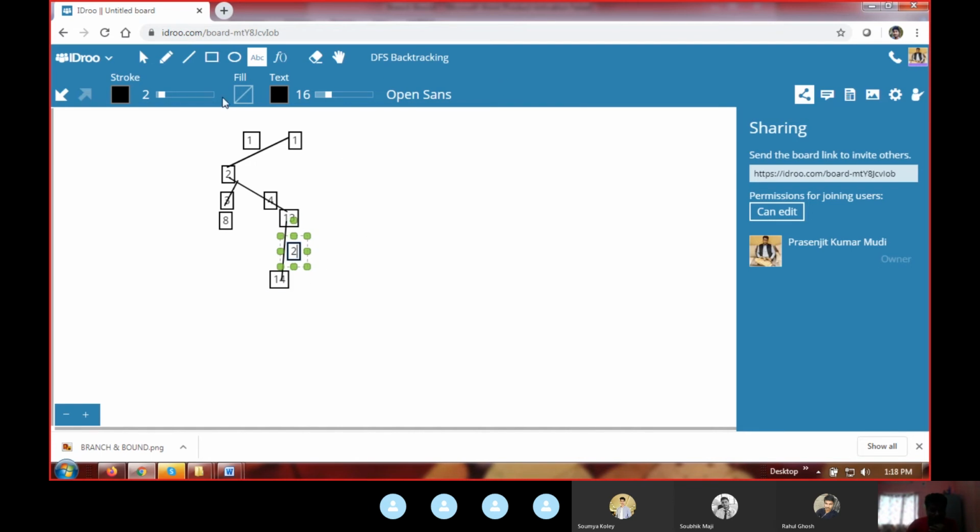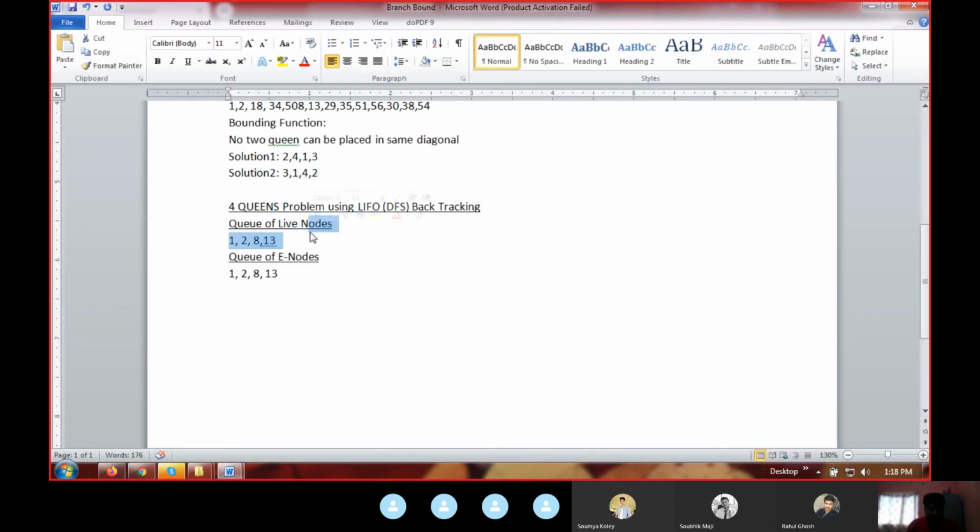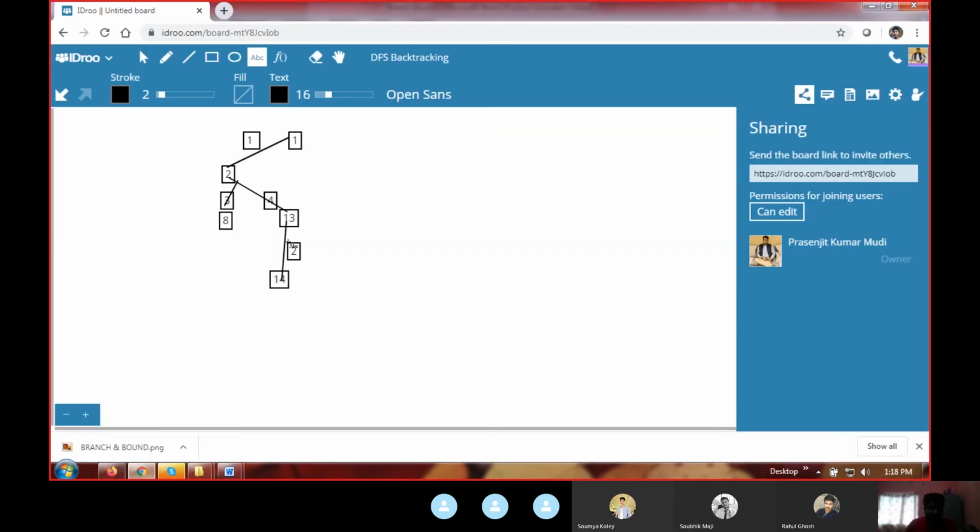So 14 becomes the live node, and the next E node will be 14.